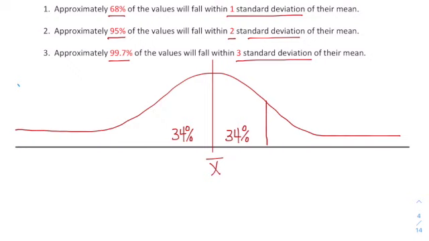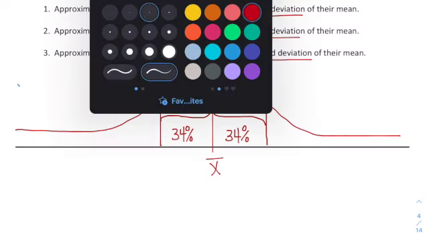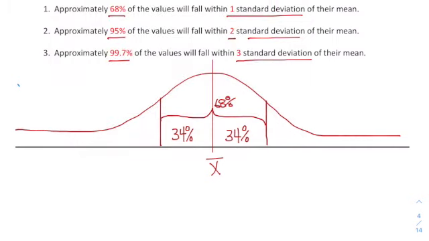That will make up your 68%. Then you're going to have another standard deviation, the second standard deviation, and that is going to be 95%. That 95% split in 2 is 47.5 on each side of the mean.